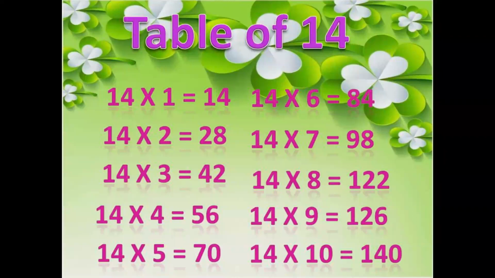Huh? 14 sevens are 98. 14 eights are 112, 14 nines are 126, 14 tens are 140. 148. 122.